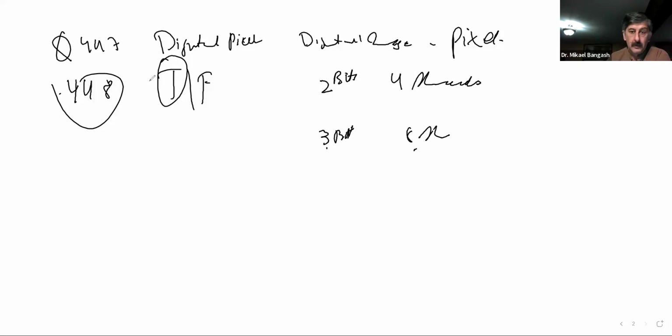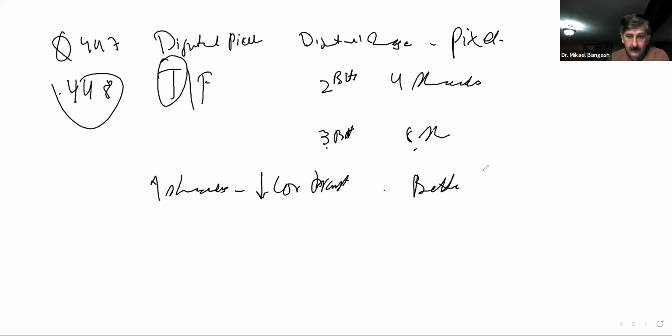So that is true. What that greater number of shades will lead to is a lesser contrast and better contrast resolution. Yes, good.